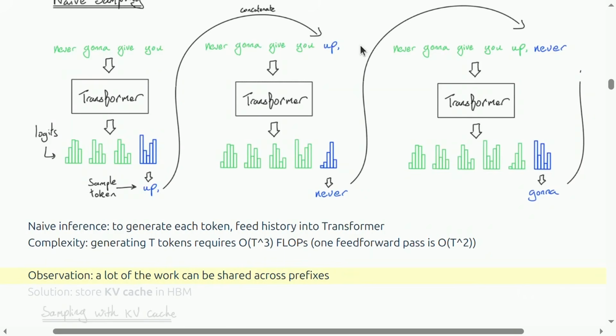With that observation, the first obvious thing is to store a KV cache in HBM so that between successive token generations, you can just reuse it. So when you're trying to generate "gonna", you don't have to compute all the keys and activations of the previous tokens.